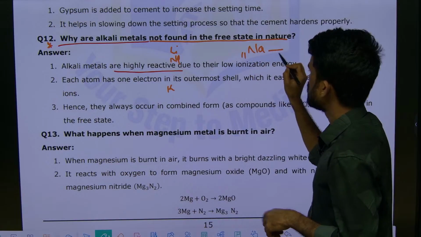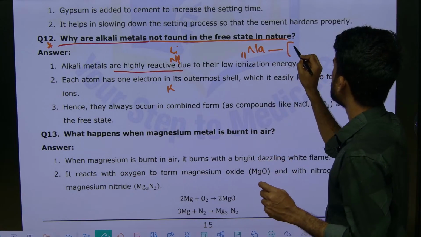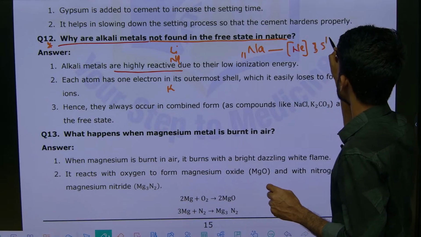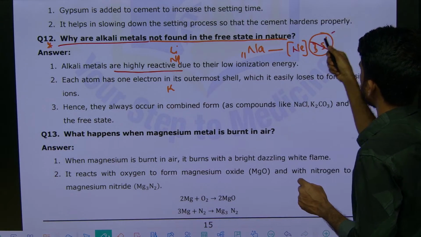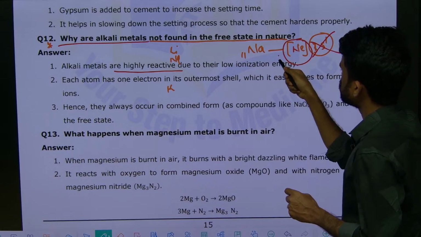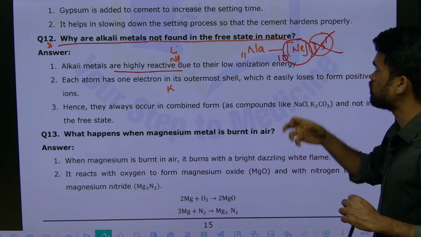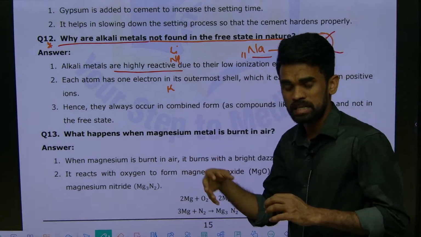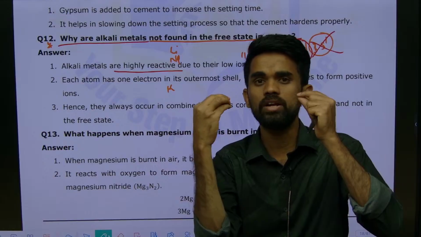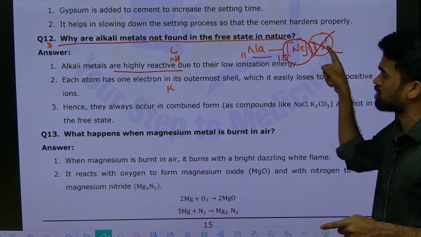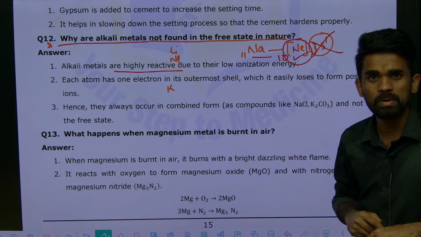If I remove one electron, the 3s1 electron goes out, and it gets the 10-electron neon gas configuration, a noble gas configuration. That's why sodium and the alkali metals always try to undergo chemical reactions, lose this extra electron and attain the noble gas configuration.